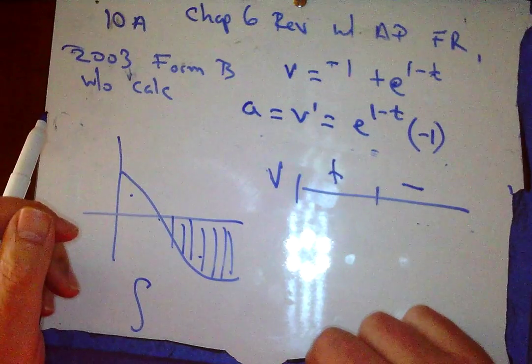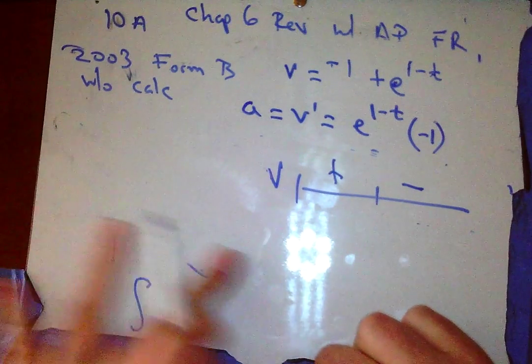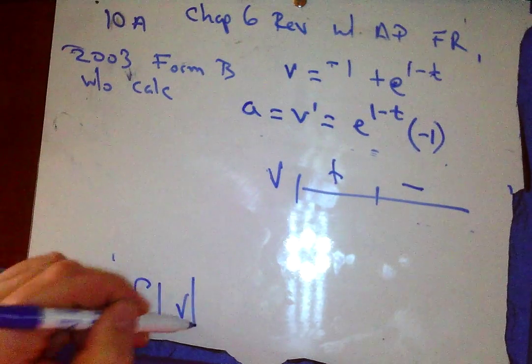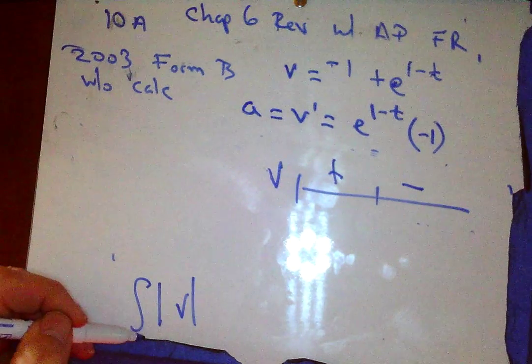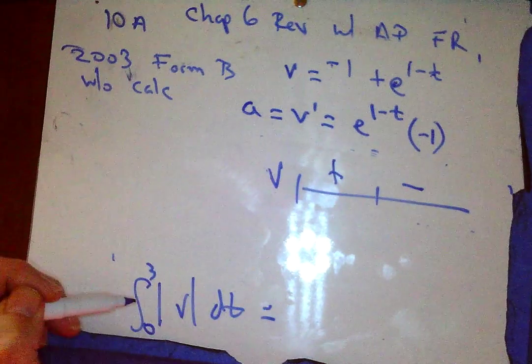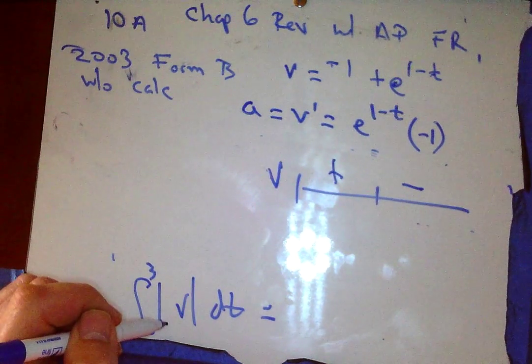And so that's going to be kind of problematic. And so we have two ways of dealing with this. One, we could integrate the absolute value of v from 0 to 3. But I don't know how to integrate absolute value by hand.